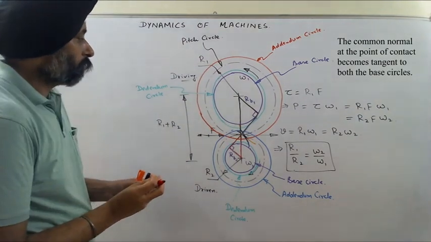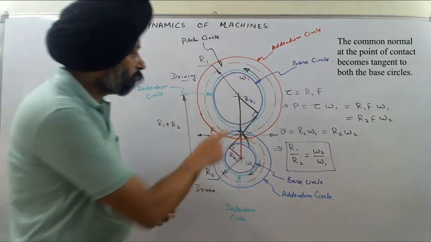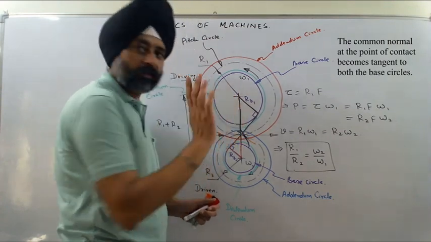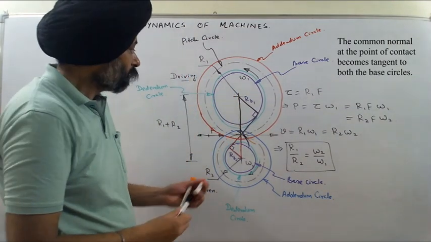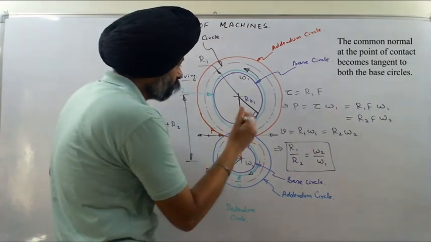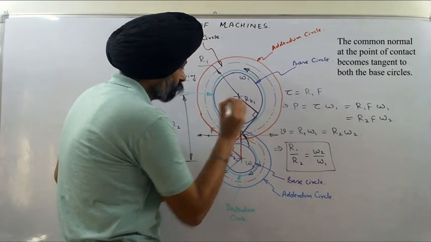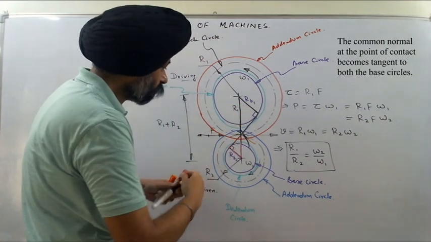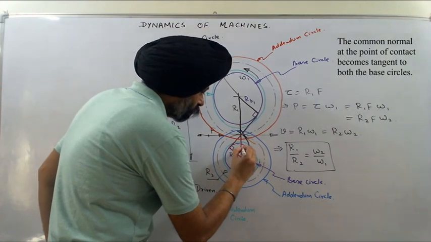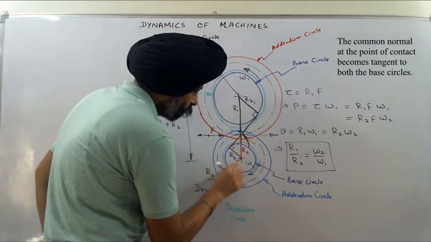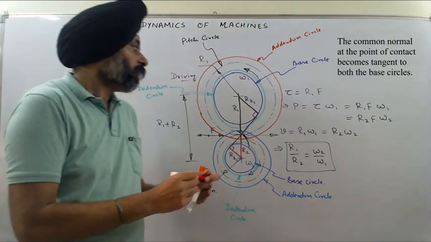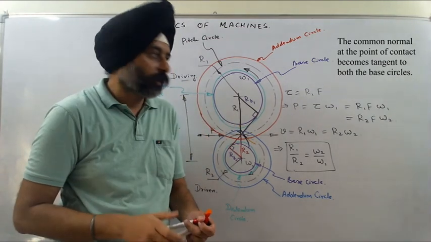Now, in these triangles, one of the sides equals the radius of the base circle. The second side equals the radius of the pitch circle. Likewise here also, this side equals the pitch circle radius and this one equals the base circle radius, and these are right angle triangles.